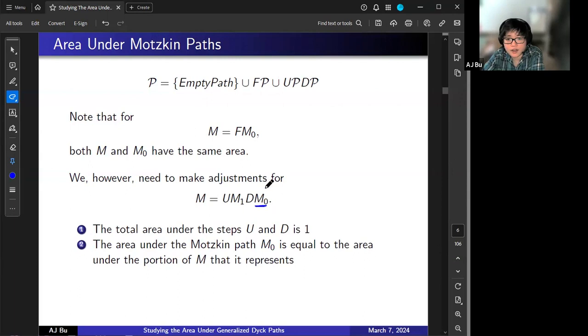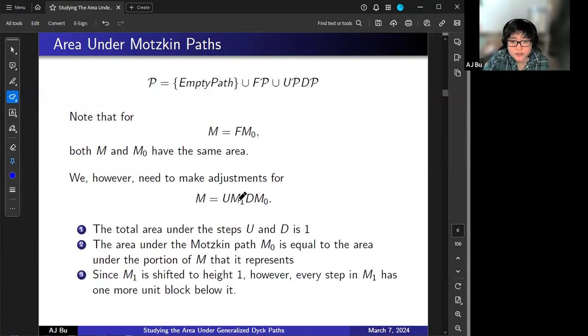So the area under the M sub 0 is going to be equal to the area under the portion of the Motzkin path that it represents. And then for this M sub 1, though, we're adjusted up 1 unit, right? So every step in M sub 1 is going to have 1 more unit block below it than is represented in the way that we write M sub 1.